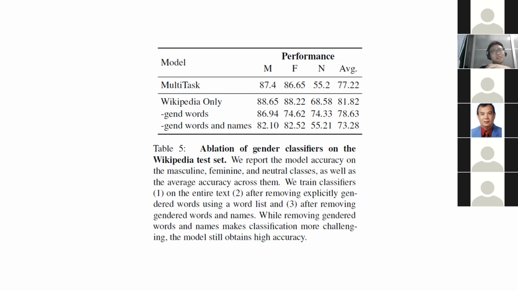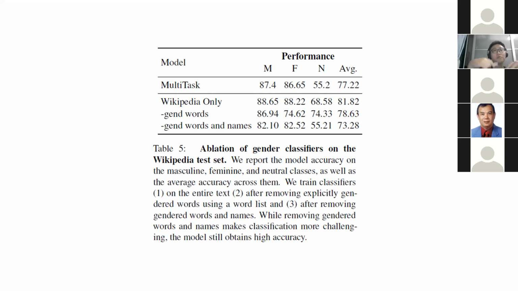So removing gendered words like mother, father, son, daughter, stuff like that. These things are obviously male or female, so they remove them so that you're left with the other signals in the training data. And they remove names as well, because names can denote gender as well. Say Mary is most likely a woman and Tom more or less a man.